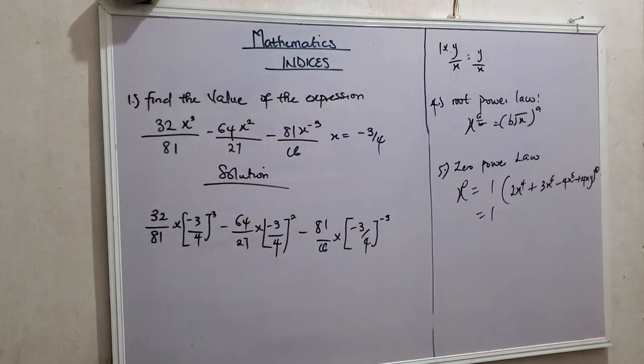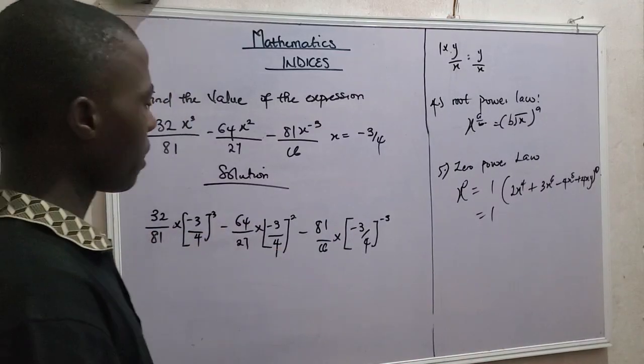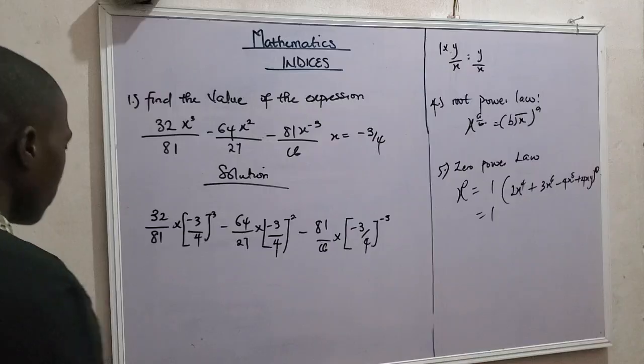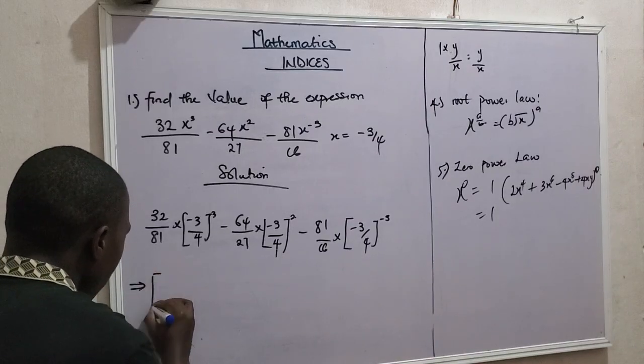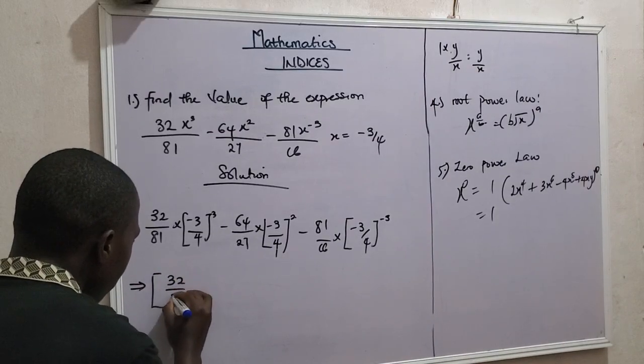So let's just work out this bracket. Then we are having 32 all over 81.